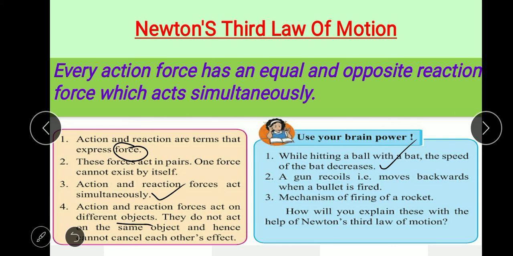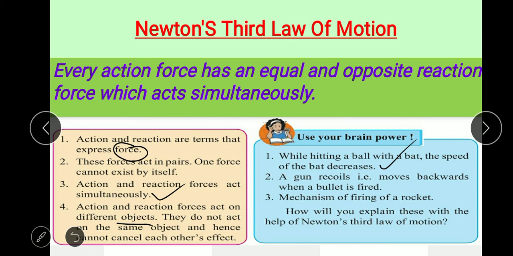At the same time, when we miss the ball, what happens, students? Sometimes the bat keeps going away, and we have to do a lot of hard work to control that bat when we miss the ball while playing cricket, students.